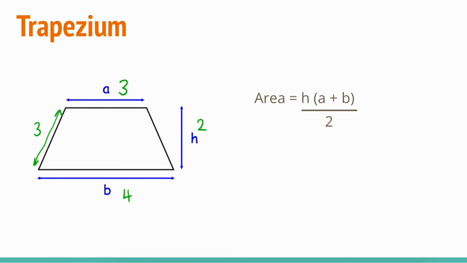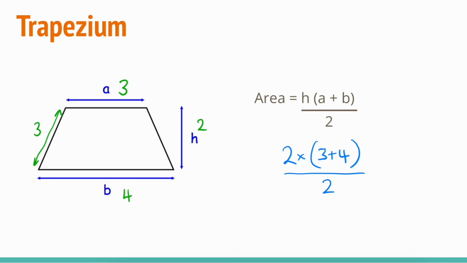So 3 plus 4, and then I would be multiplying that by my perpendicular height. So I actually don't need this one at all. Okay, so look out, because sometimes they give you more information than you need. So I would be multiplying that by 2, and then I would be dividing everything by 2.